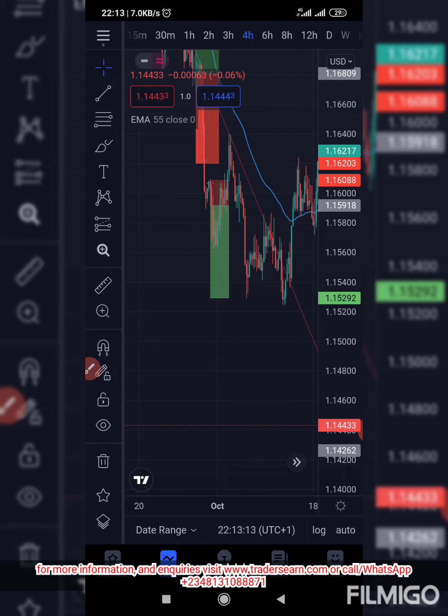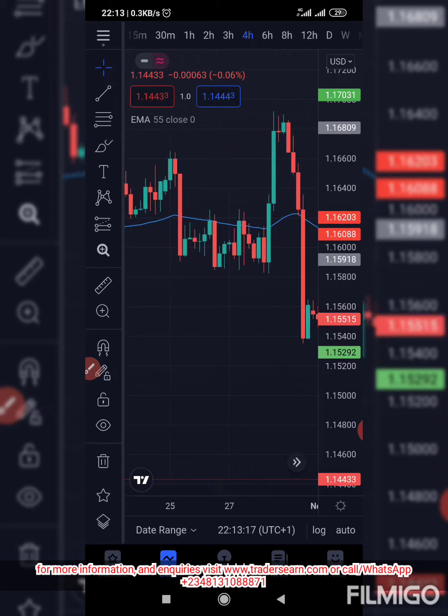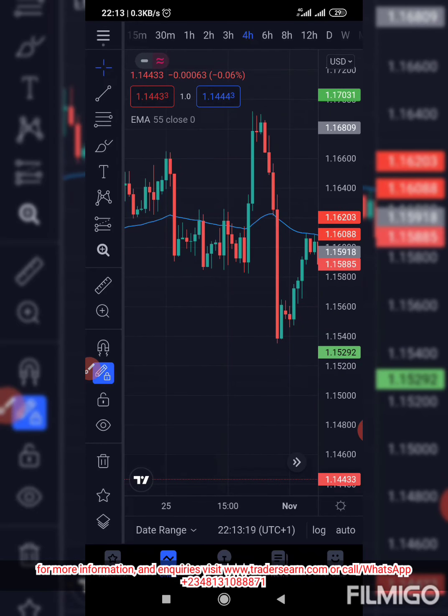You see it's happening every time. Can you see price bouncing here? It broke it here, and it's normal. Resistance and support are always broken in the long run, so it's normal.